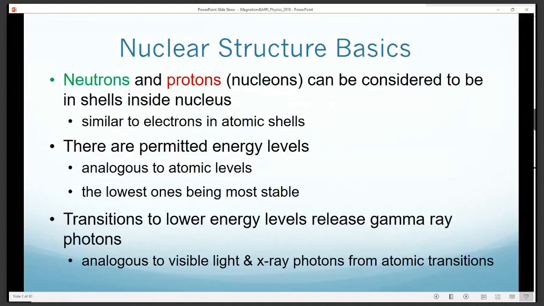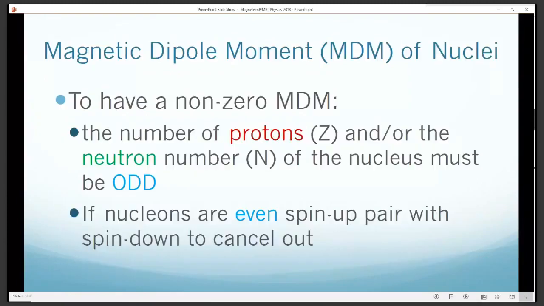Nucleons have permitted energy levels, analogous to the atomic levels, and the lowest energy levels in the nuclei are the most stable ones. As you probably already know, transitions from higher energy levels to lower energy levels in the nuclei produce energy, and this energy is released as an emission of a gamma ray photon, very similar to the way visible light and X-ray photons are emitted from atomic transitions.